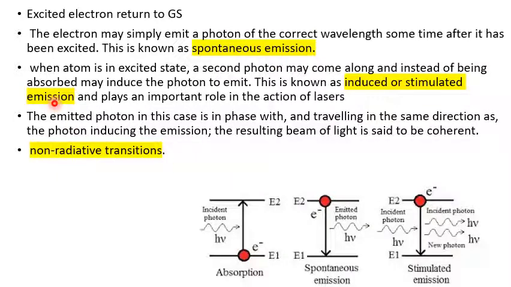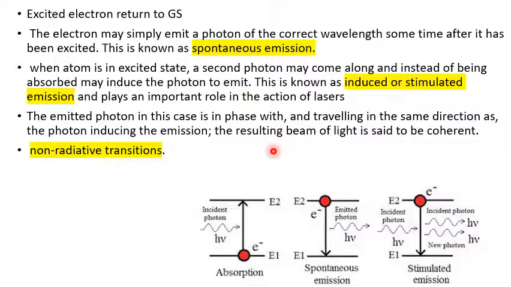When an electron simply goes into the excited state and again returns to the ground state, the emission of the photon is called spontaneous emission. But there can be another type of emission, induced or stimulated emission, which plays a role in the action of lasers. How can it happen? When the atom is in the excited state, a second photon may come along and, instead of being absorbed, may induce the photon to emit.